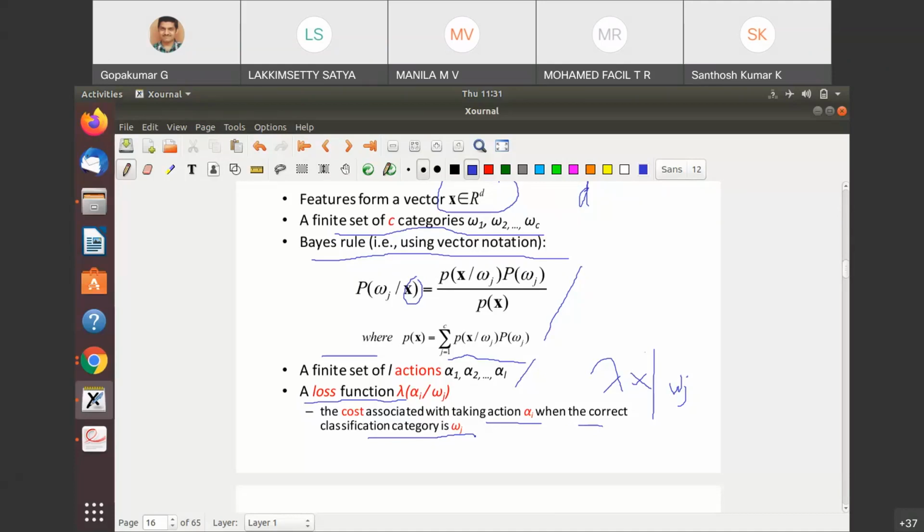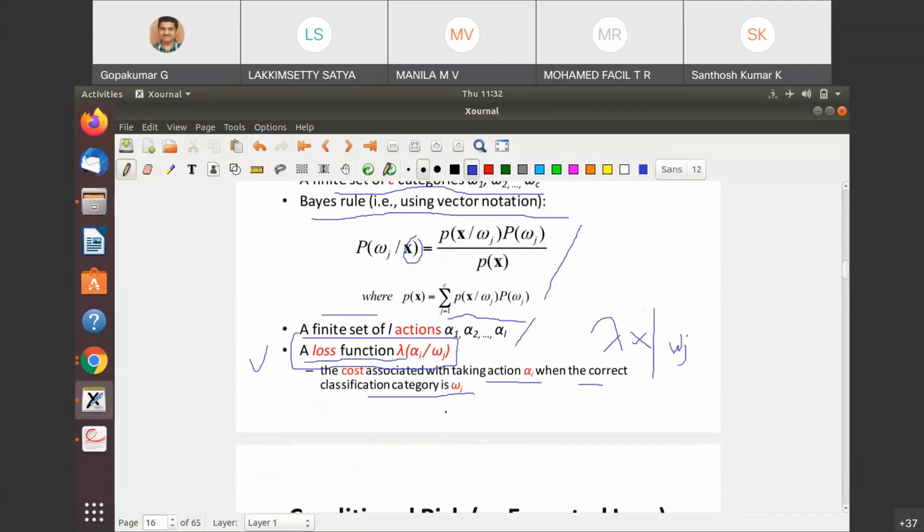Then that is a correct prediction and correct action, so in such a case we will not have a loss. Otherwise we will have a loss associated with that particular action. We can always define the penalty, whatever value you assign for this lambda. So we define a loss function, which is an additional term that we are bringing in.